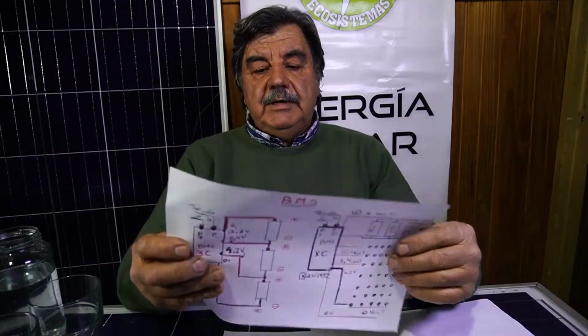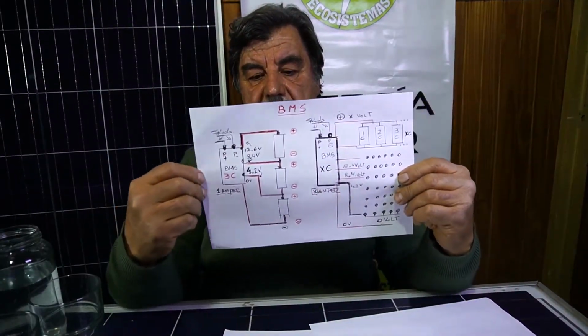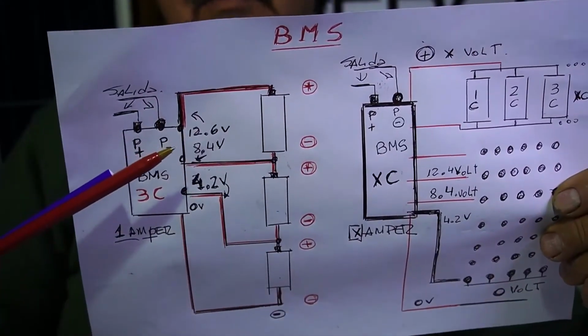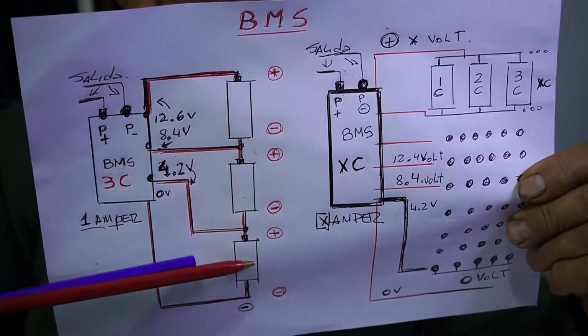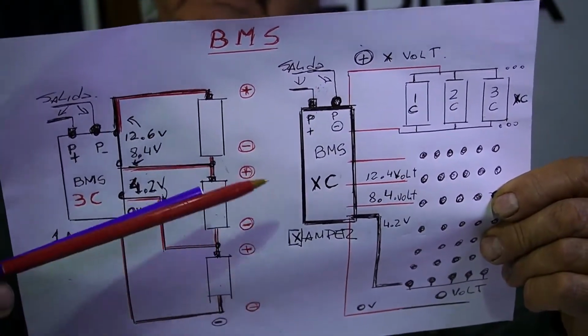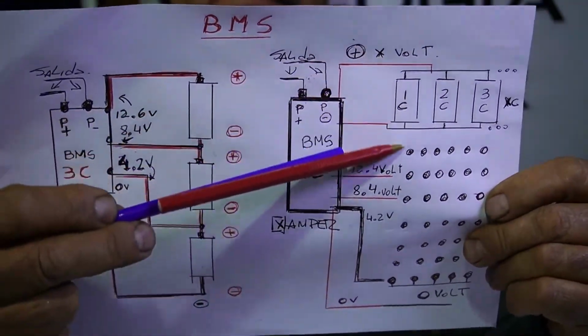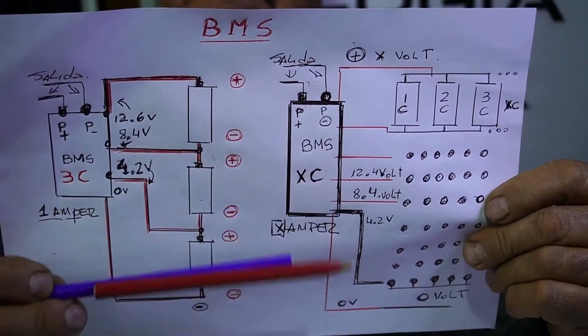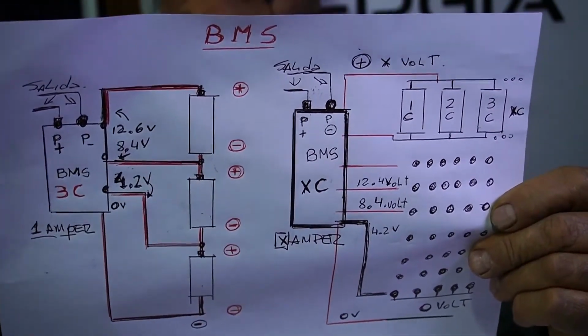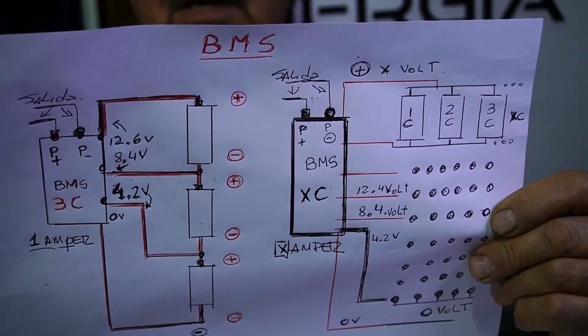Here I have another sheet that is also important. What does the BMS do? It controls each cell independently. We can put any number of cells in series and the BMS will have to have as many outputs as necessary to control each of the cells.